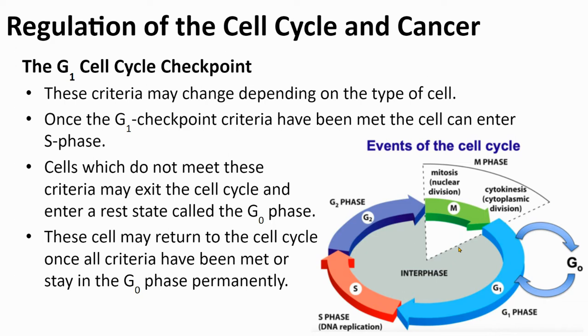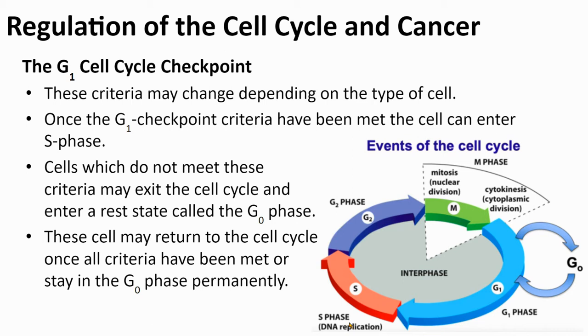These criteria may change depending on the type of cell. Once the G1 checkpoint criteria have been met, the cell can enter the S phase, and that's down here. The S phase is when you replicate your DNA. That's when you have that leading and lagging strand and the Okazaki fragments and all that stuff.